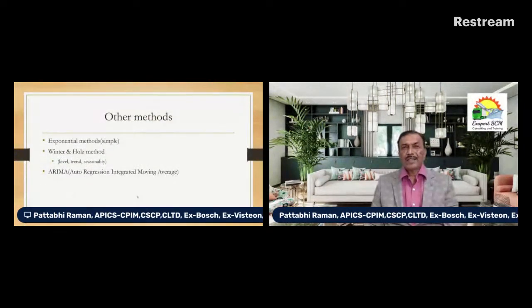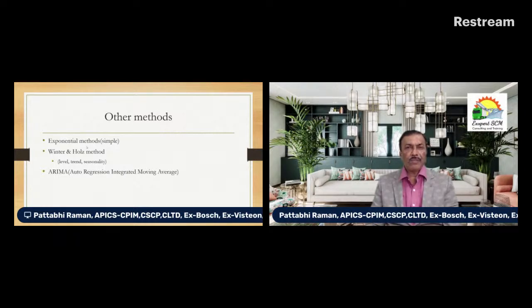Of course, there are other simple methods which you can use in an Excel sheet. For example, exponential methods, where you take a smoothing factor, for example alpha, and give a weightage. Can anyone answer what should be the value of alpha in the exponential method? Alpha is a smoothing constant, widely used as a basic forecasting method.